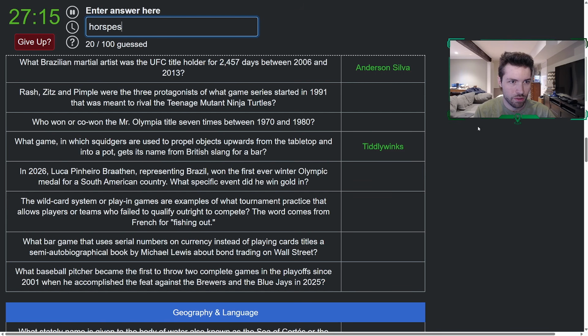Hors pêche. Pêche dehors. I don't understand what is going on here. Fishing out. I don't know. Should I know this?